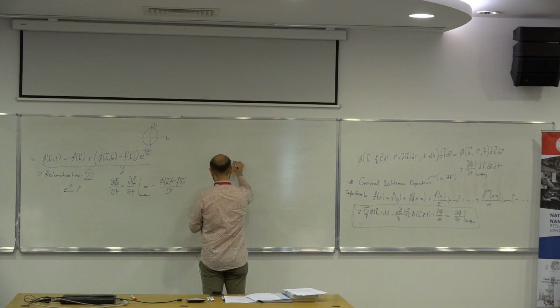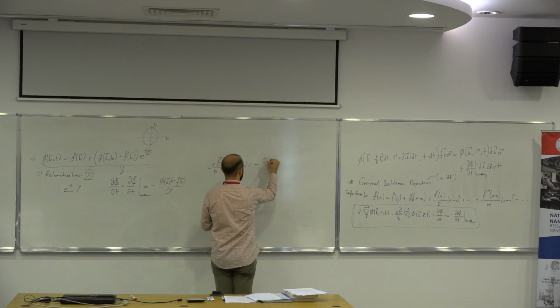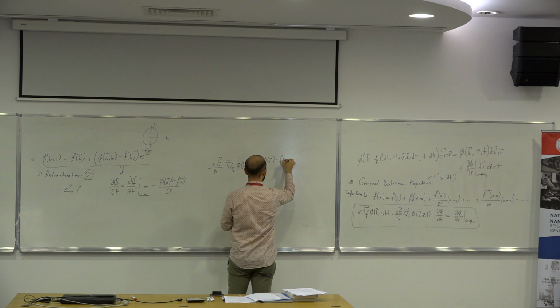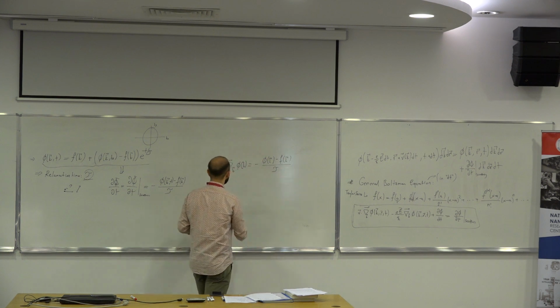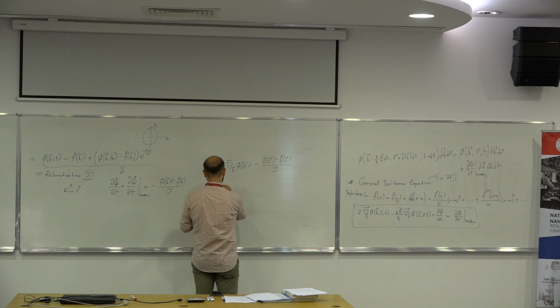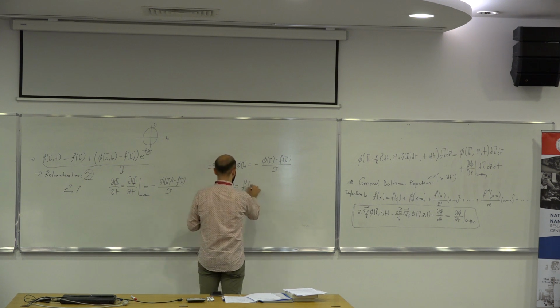Again, this is an integral over k. So this must be f0_k minus f_k divided by tau. So if I reorganize everything, we'll end up with an equation like this.